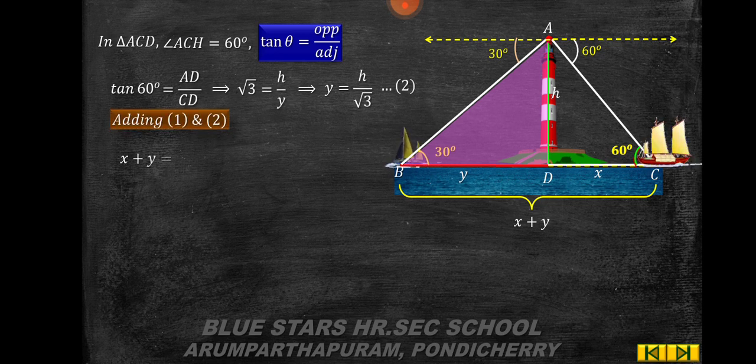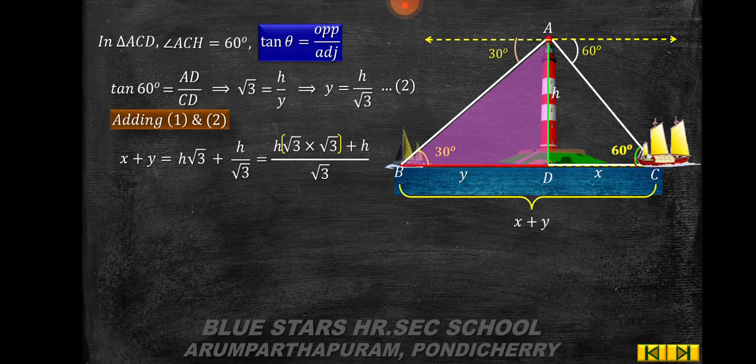So adding equation 1 and 2, we get x plus y is equal to h root 3 plus h divided by root 3, which is equal to h root 3 into root 3 plus h divided by root 3.